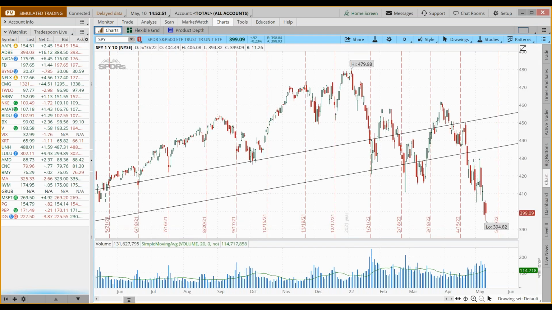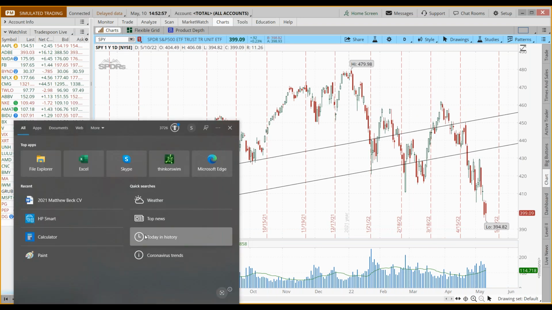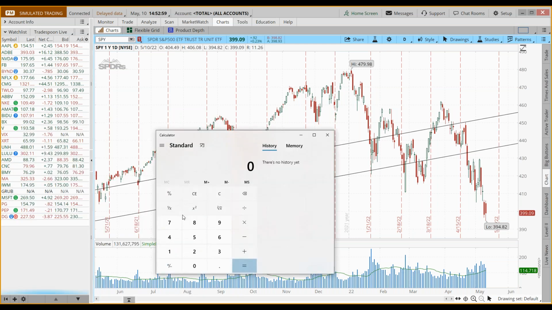I mean, this is hard, right? This is hard because at this point, we are just flirting, knocking, testing. If we go off the SPY and we say 479.98 and we say times 0.9, that's a correction. The correction occurred at around 432.